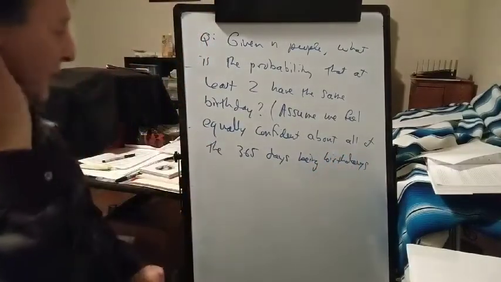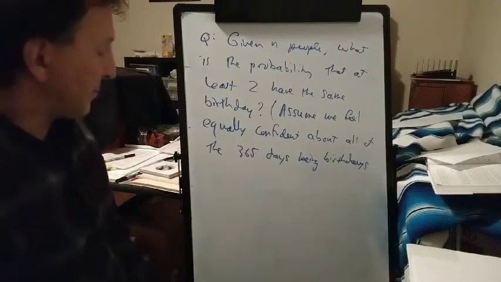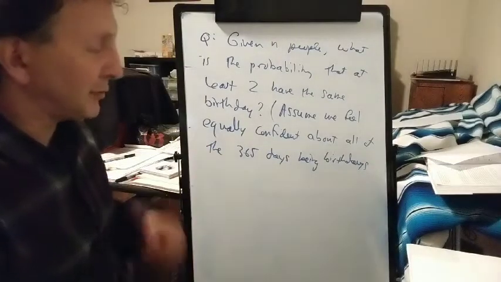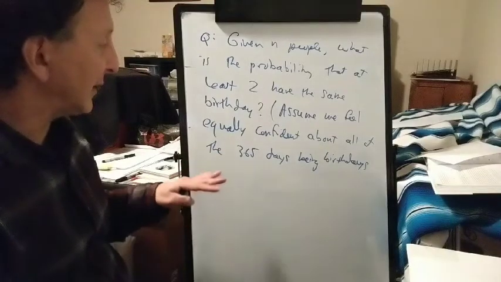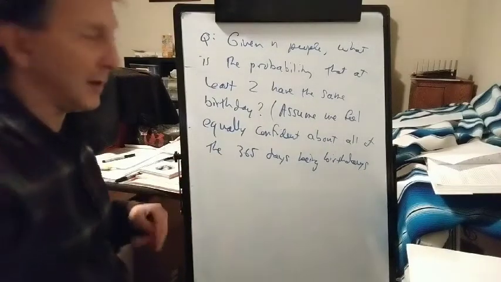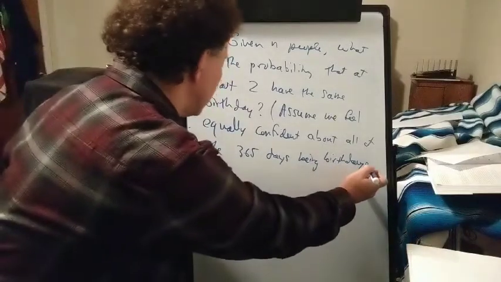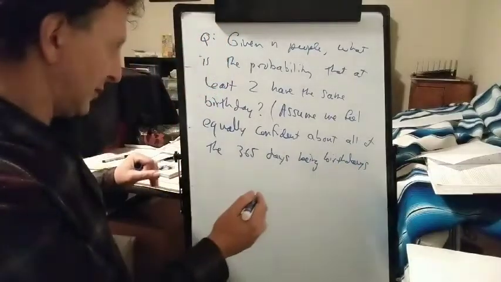Since leap years only happen once every 4 years, to make things a little bit easier, let's ignore February 29th in our computations.